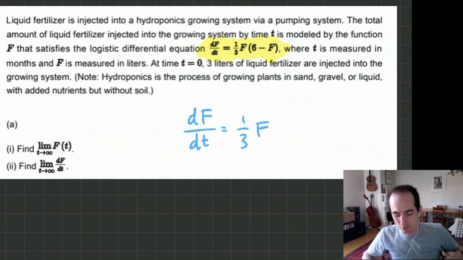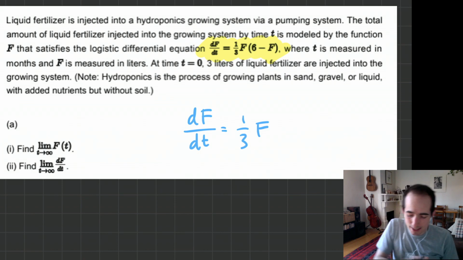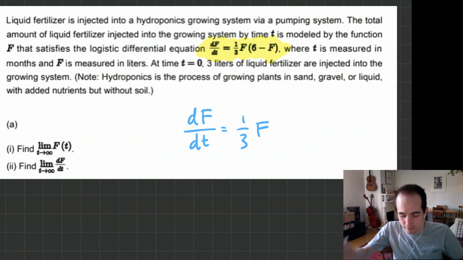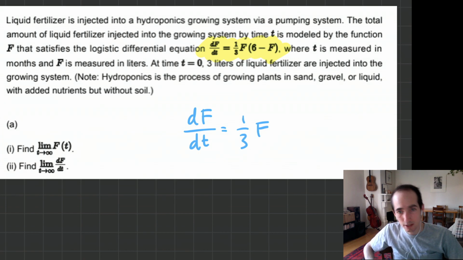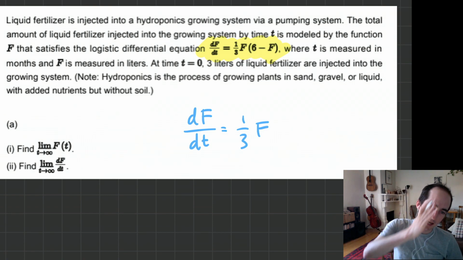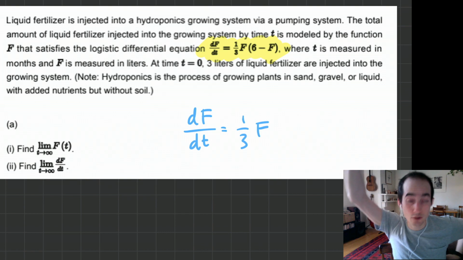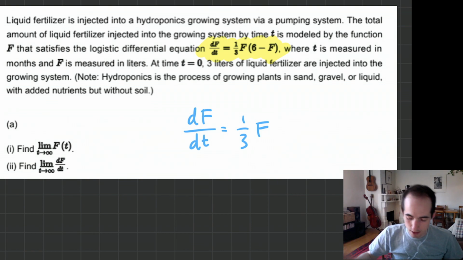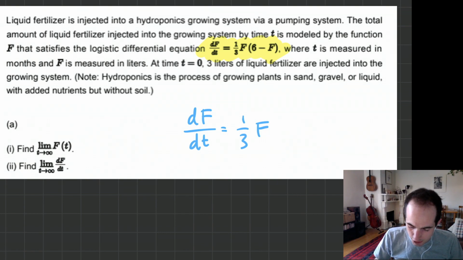Remember that your derivative is the rate of change. So if your function is proportional to its rate of change, then as your function gets bigger, your derivative gets bigger as well. So you're increasing at a rate that is itself increasing, proportionally to the function.